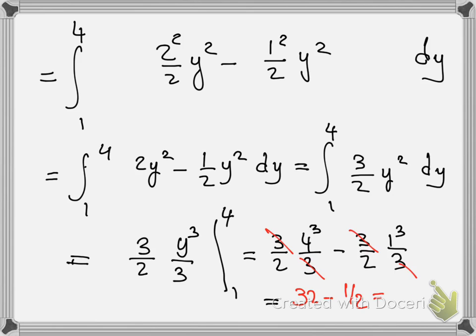So that will be 63 over 2. So that will be the answer. And that will be actually the volume of the solid. So this is actually the volume of the solid between our rectangle and the surface given by the function f of xy. So that will be the volume of this solid here. Okay.